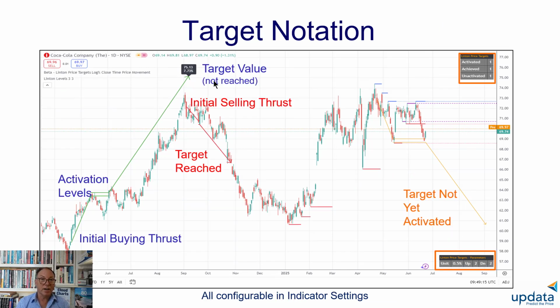So the target notation is green is up, red is down, and all of these are configurable in the settings. But I recommend you stick with the default settings for the moment. And we also add here in this dialog where you can see the number of activated and unactivated targets.